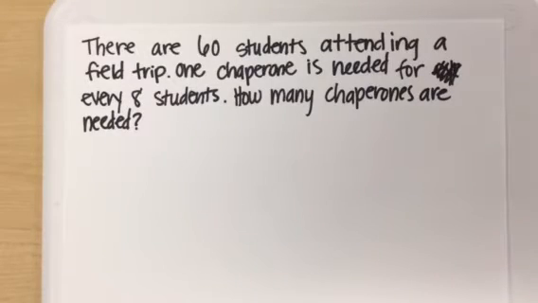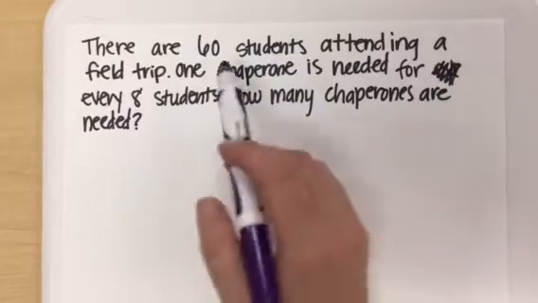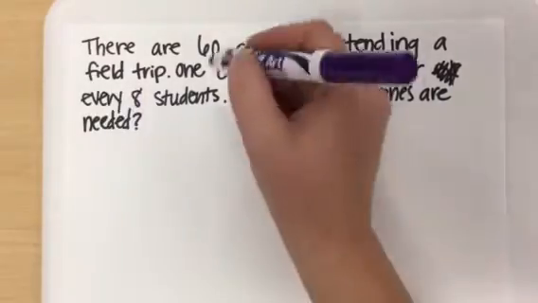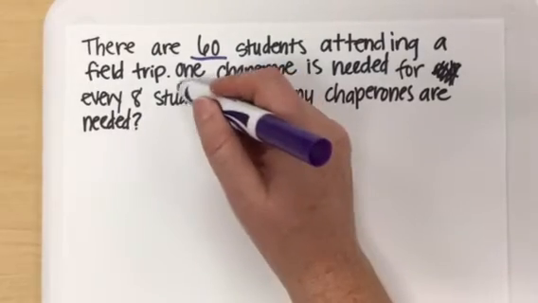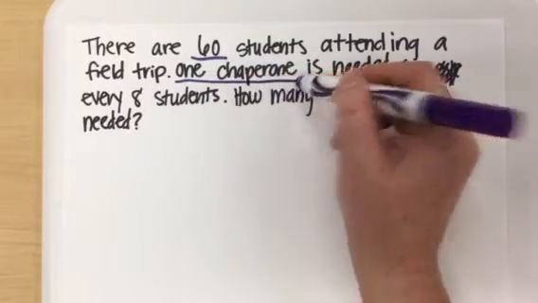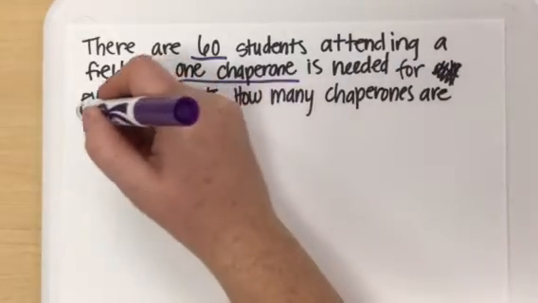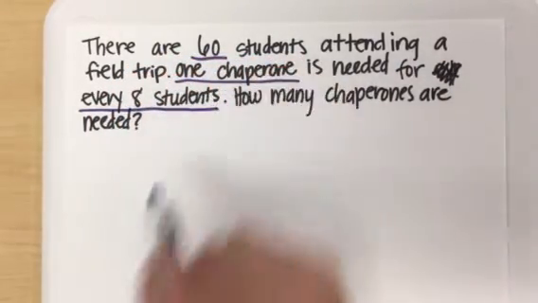Okay, so first of all, we need to figure out what the equation would be. So there are 60 total students and they're attending a field trip, there's one chaperone for every 8 students.